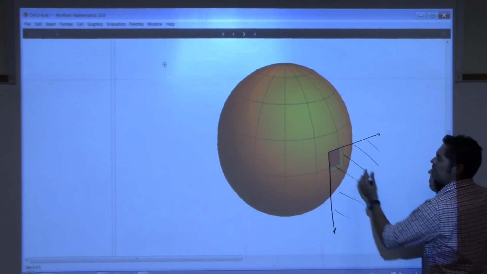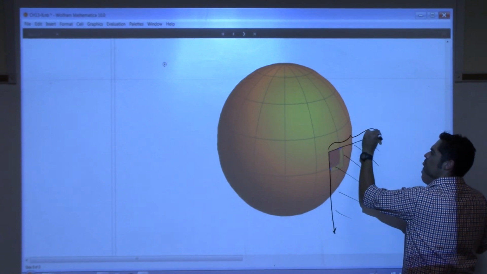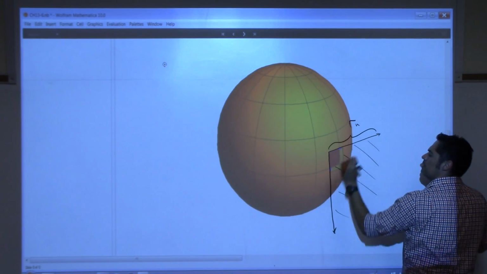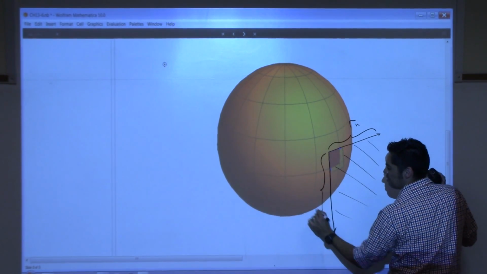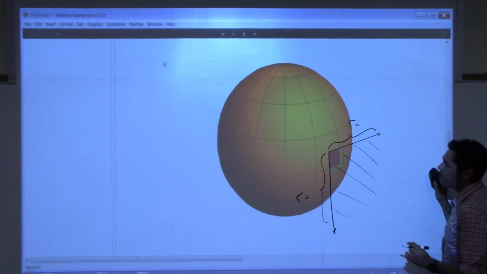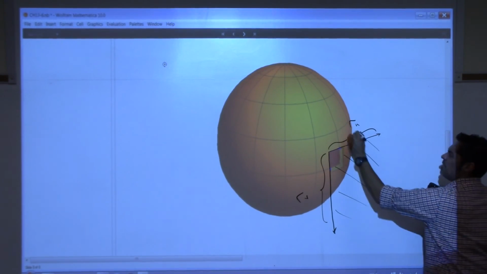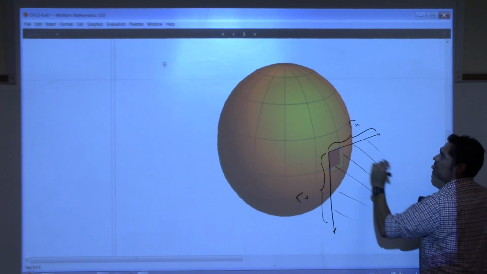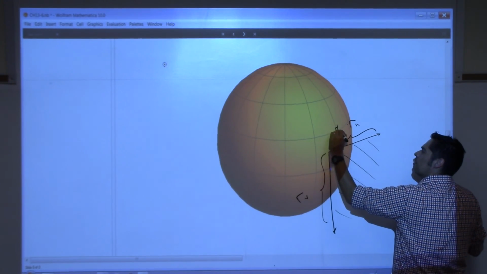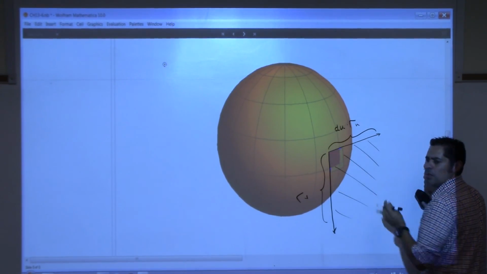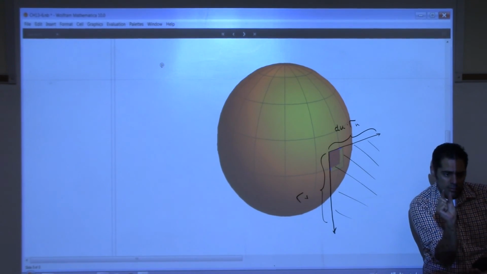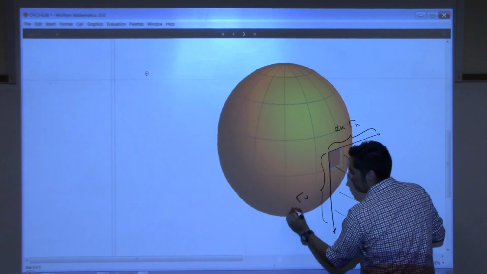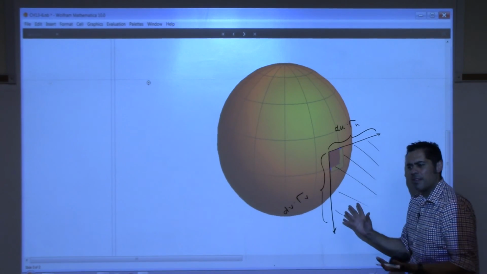So in other words, instead of taking this entire vector, which let's say is r, the partial with respect to u, and let's say this one's the partial with respect to v, instead of taking the whole thing, maybe I need to scale it by something to make it shorter. How about we scale it by something infinitesimal, like du, the little differential, and then this one like dv, something like that.